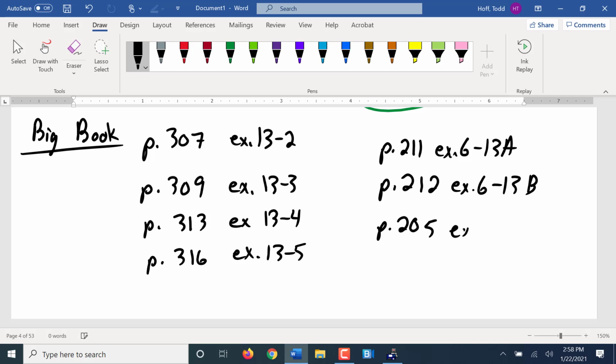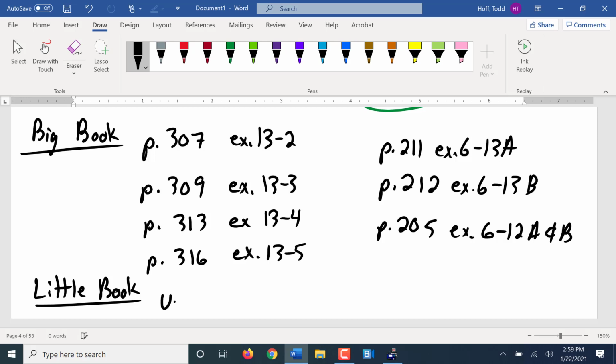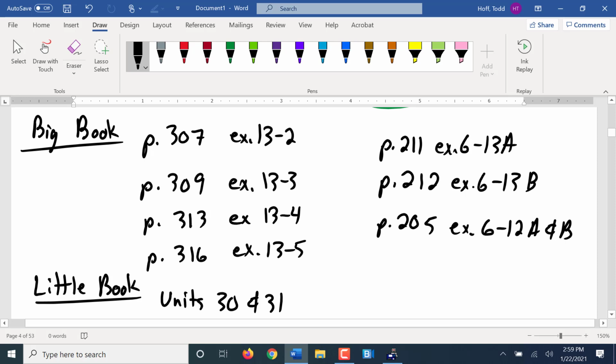Page 205, exercise 6-12A and 6-12B. In the little book, I know, almost done, units 30 and 31. Give me 6 good minutes working on homework, get started on homework, and then we'll get out of here.